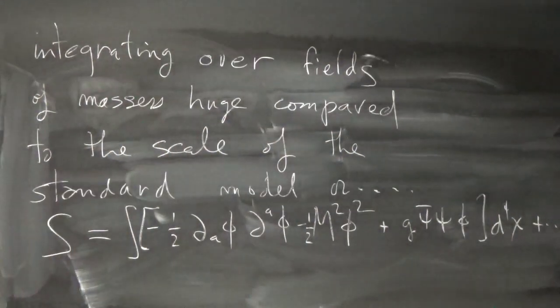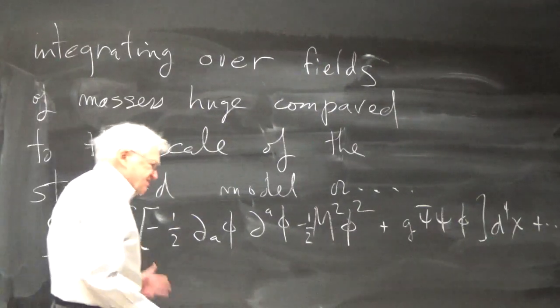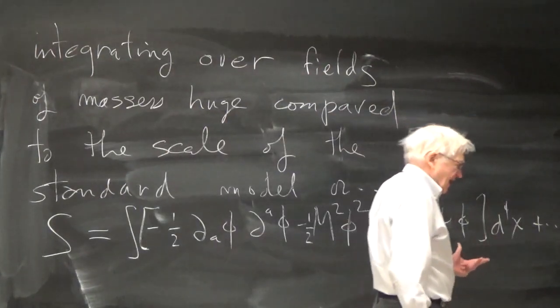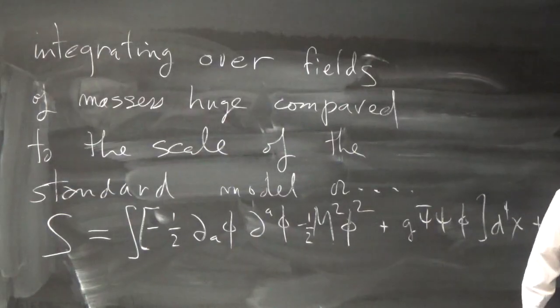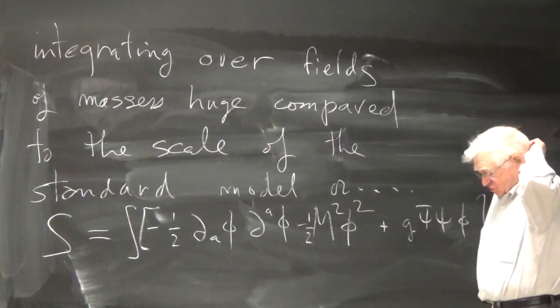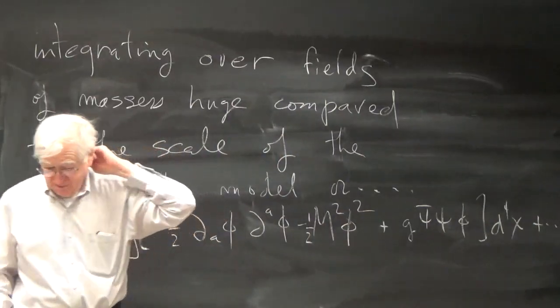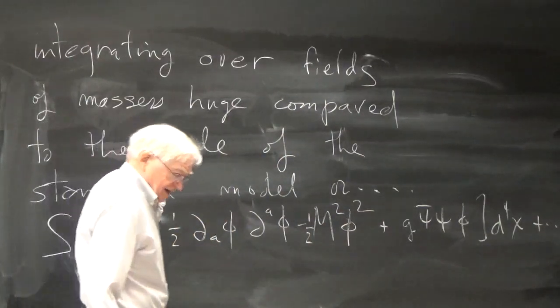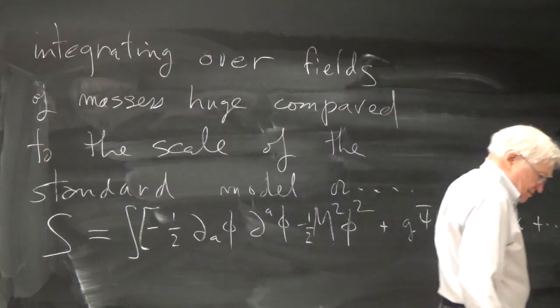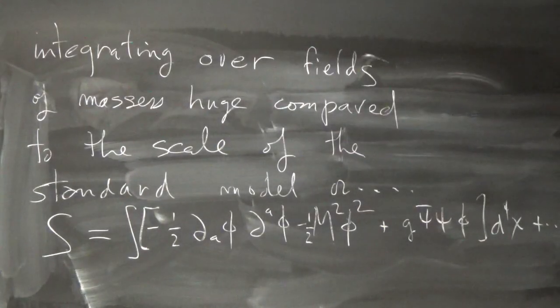Now, if we're concerned with physics at low energies, because if you're trying to explain something that you can actually observe experimentally, then you really are concerned with momenta that are below several TeV, or let's say below 100 TeV.